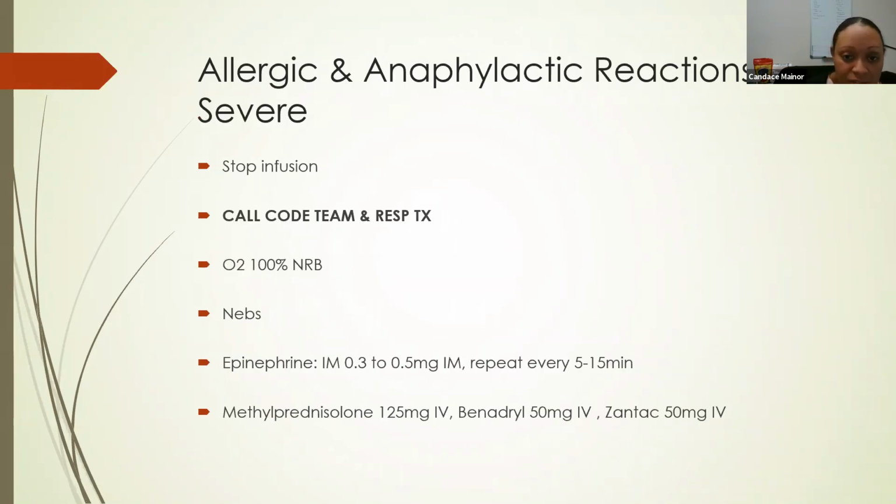For severe reactions, of course, we always stop the infusion, call a code, or a respiratory code. I don't know the proper terminology actually here. Give oxygen, nebs, epinephrine, and treat like an anaphylactic reaction. Like I said, on the whole, the majority of y'all will never have to come into contact with this unless you're in the ED or are working on the floor.